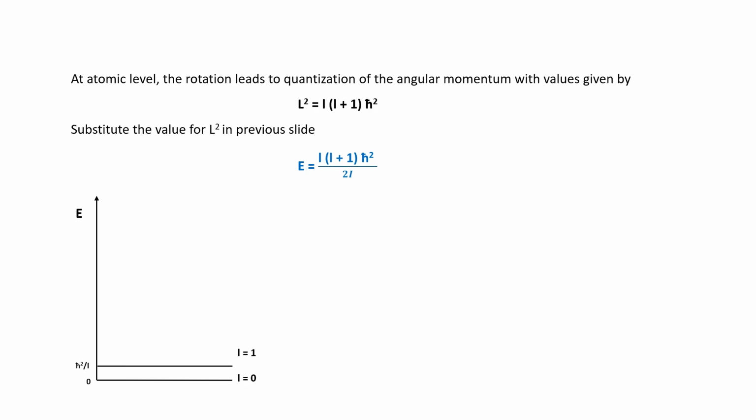If we substitute L equal to 1, it leads to energy h cross square by I, and again increasing the L value to 2 leads to 3h cross square by I, and it goes on like this, L equal to 3 and 4. Look at this energy level diagram. They are not equally spaced, right?